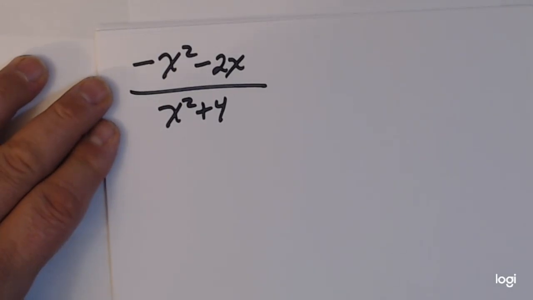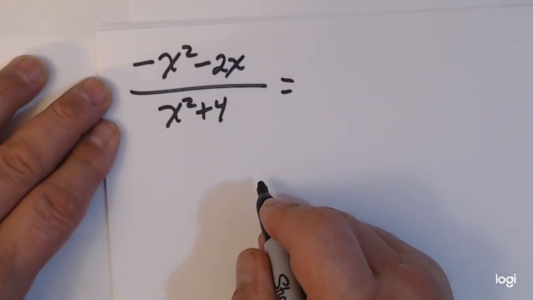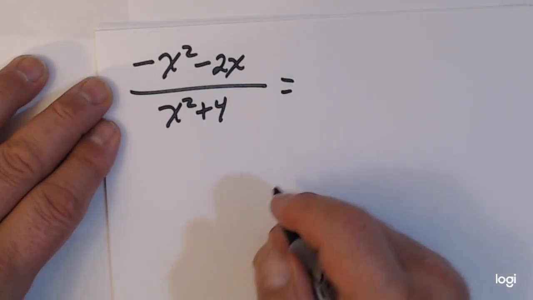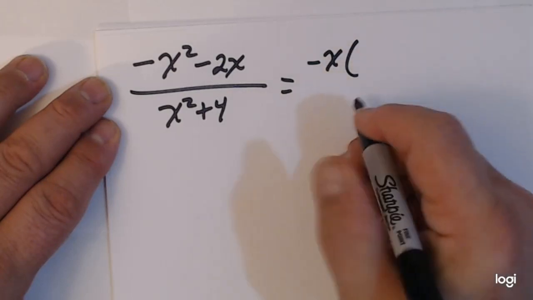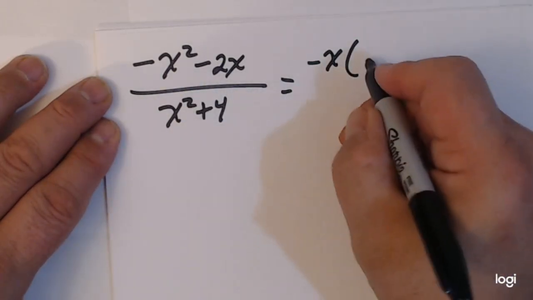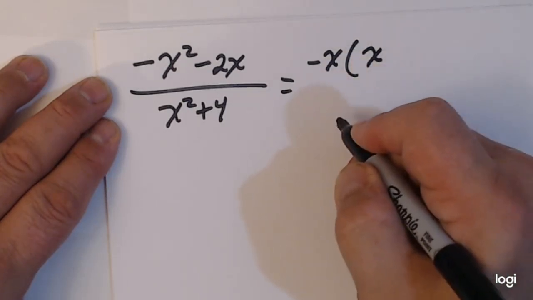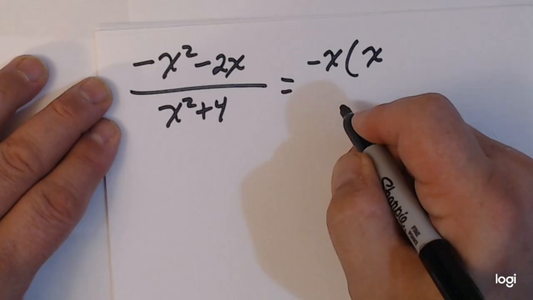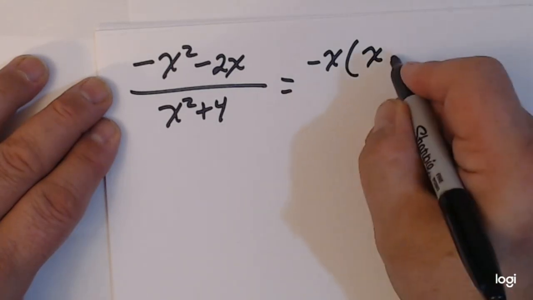All right. Well, let's factor out a negative x from the numerator. Negative x times what gives us negative x squared? Well, an x. And negative x times what gives us negative 2x? How about a plus 2?